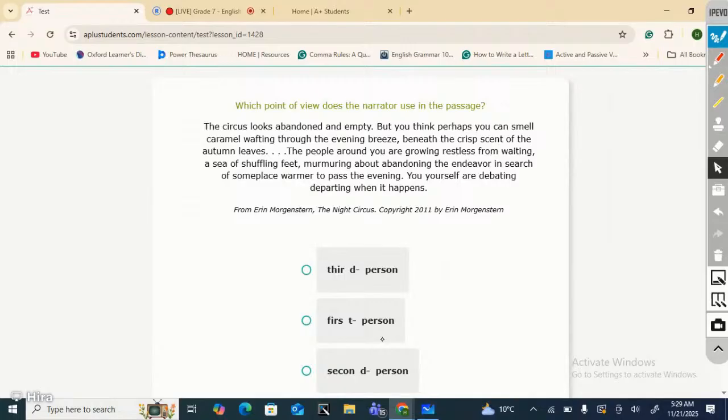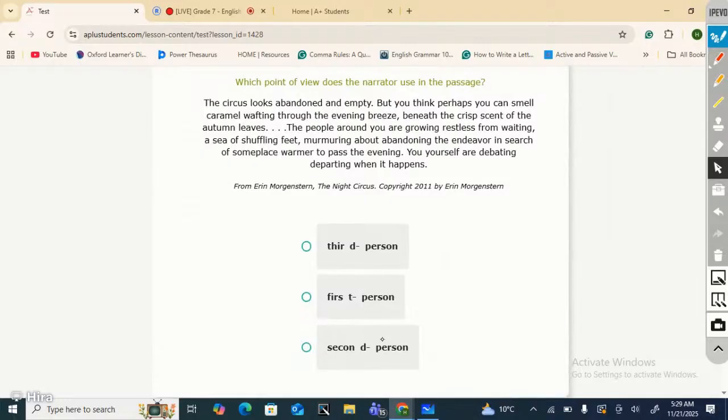You yourself are debating departing when it happens. This is a text from Erin Morgenstern, The Night Circus. Does it use third person point of view, first person, or second person? You have to tell. I'm waiting for your answer in the chat box.